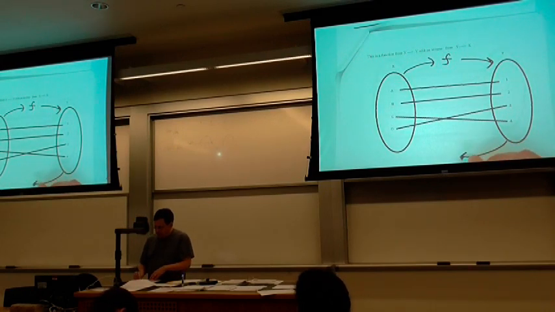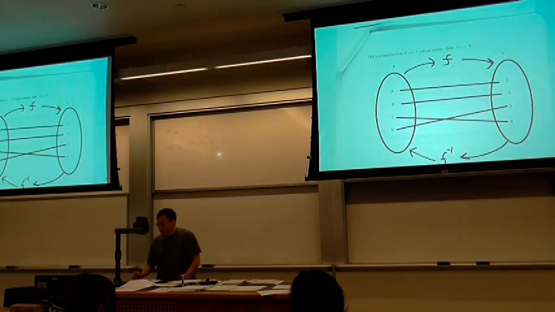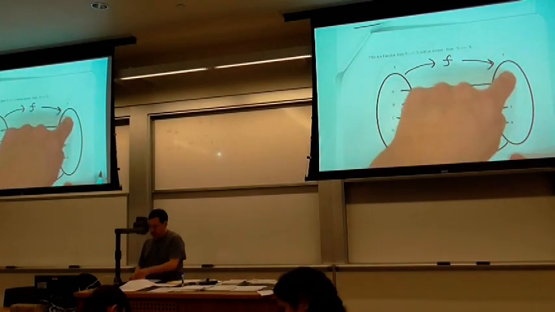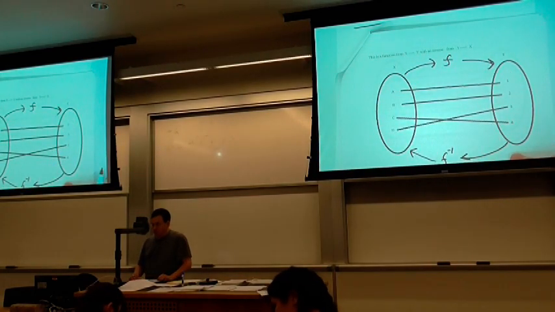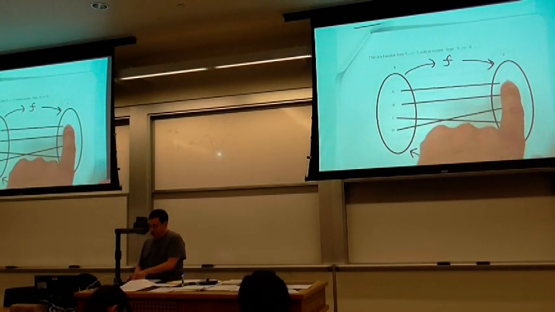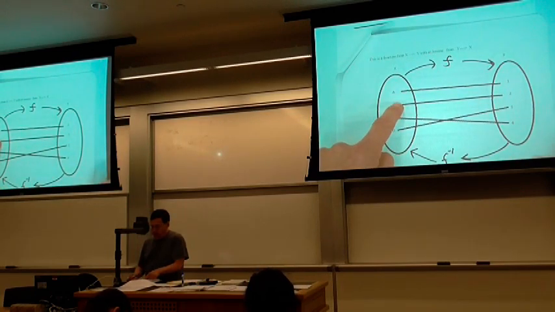But it also has an inverse, which we often write f minus 1, which does not mean reciprocal. It just means inverse. Now, in order for us to have an inverse of our function, what we need is what we call in math a one-to-one function. That is, a goes to 1, 1 goes to a, b goes to 2, 2 goes to b.